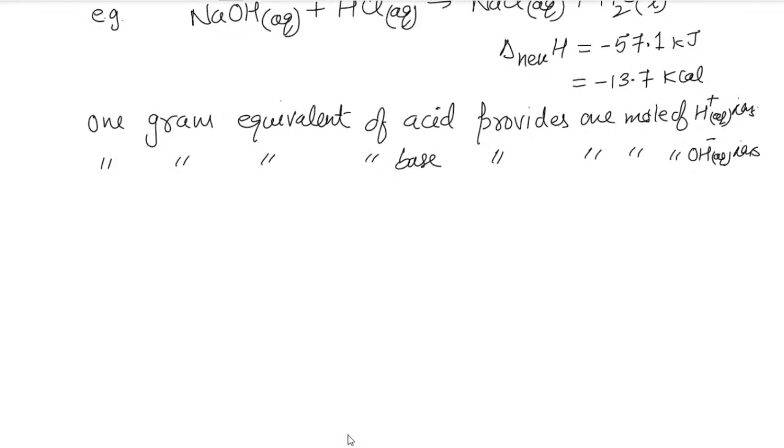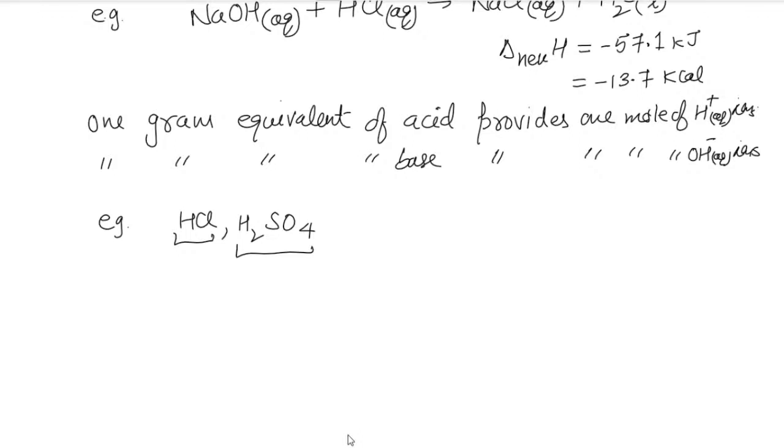For example, if we have HCl and H2SO4, HCl will give 1 mole of H plus ion, and H2SO4 will give 2 moles of H plus ions. Am I right?